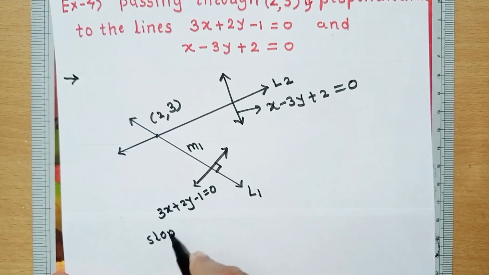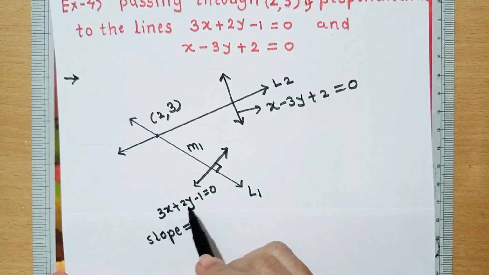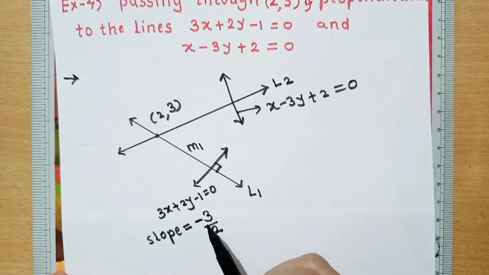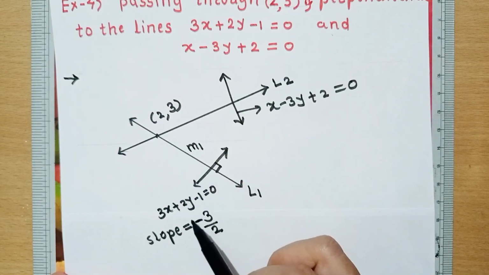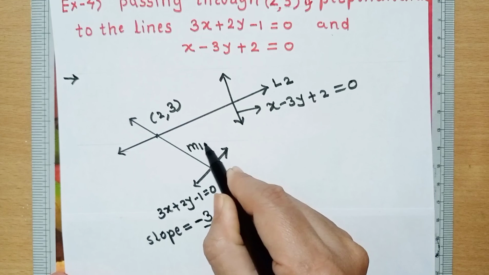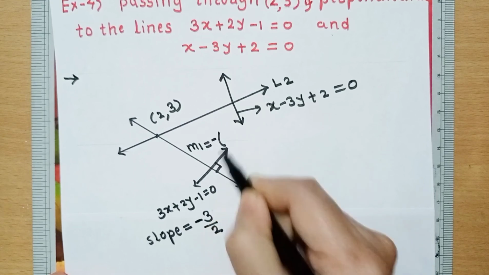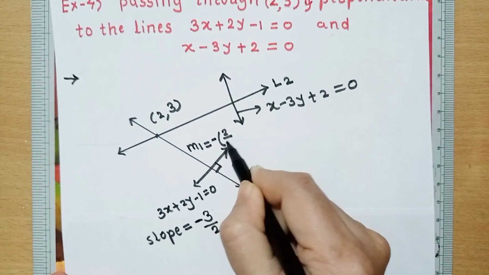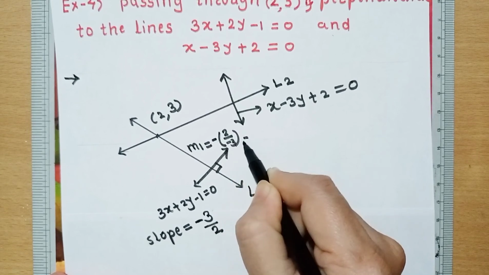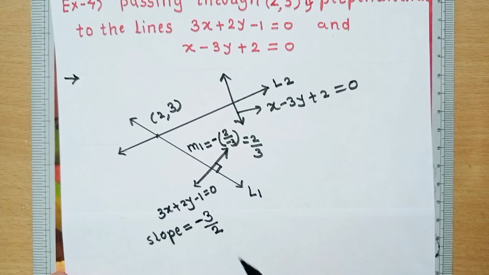So here slope equal to, we know the formula, minus a upon b. So minus, the value of a is 3 and the value of b is 2, and this line is perpendicular to this, so m1 is equal to minus of, again, 2 upon minus 3, and that is equal to 2 upon 3.